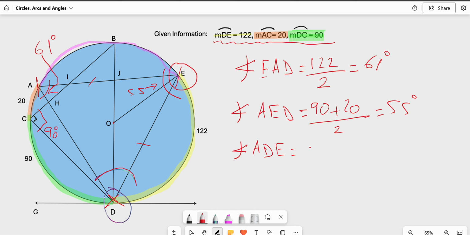Should be 360, right? So 360 minus 122 minus 90 minus 20 will give me what? Will give me this arc, the purple one, right? And if I divide by 2, I'm going to get what? This angle here.